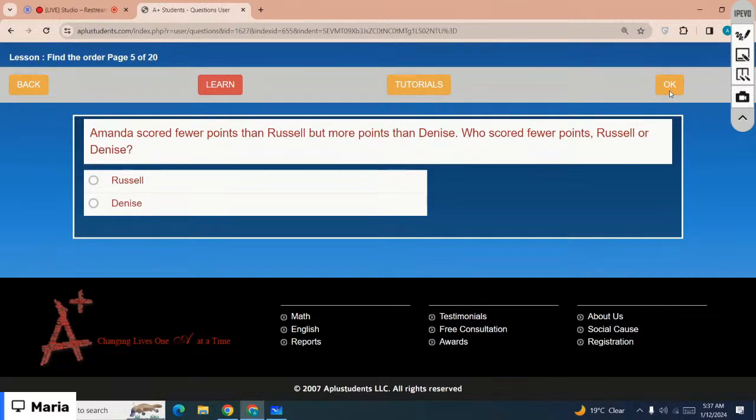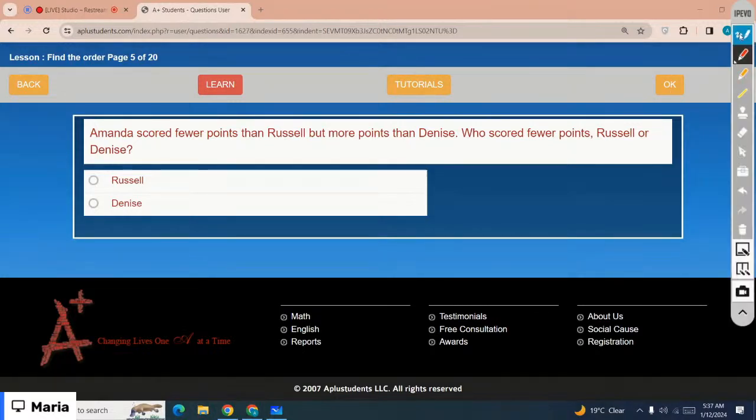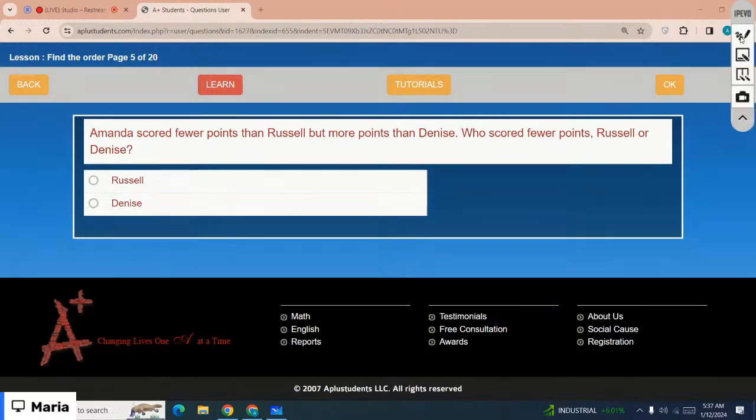Who scored fewer points, Russell or Dennis? Okay, Amanda has fewer and Russell has more. Amanda has more points than Dennis. So, who scored? Yes, Dennis scores the fewest points. The correct option is Dennis. Very good.